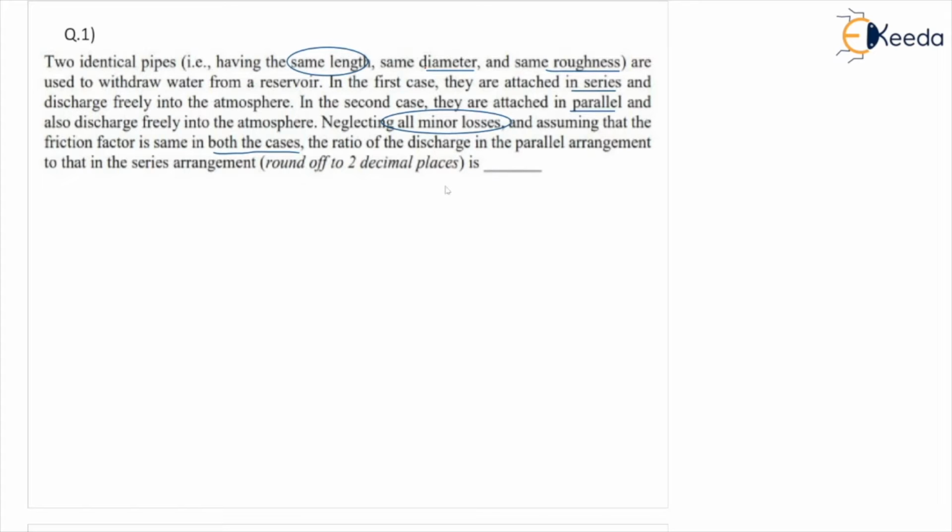Okay. So first of all, we'll draw the diagram and then we'll proceed. So two pipes are connected in series, same diameter, same length, same roughness. Let me draw the two pipes with the same diameter. This is pipe 1 connected with pipe 2.